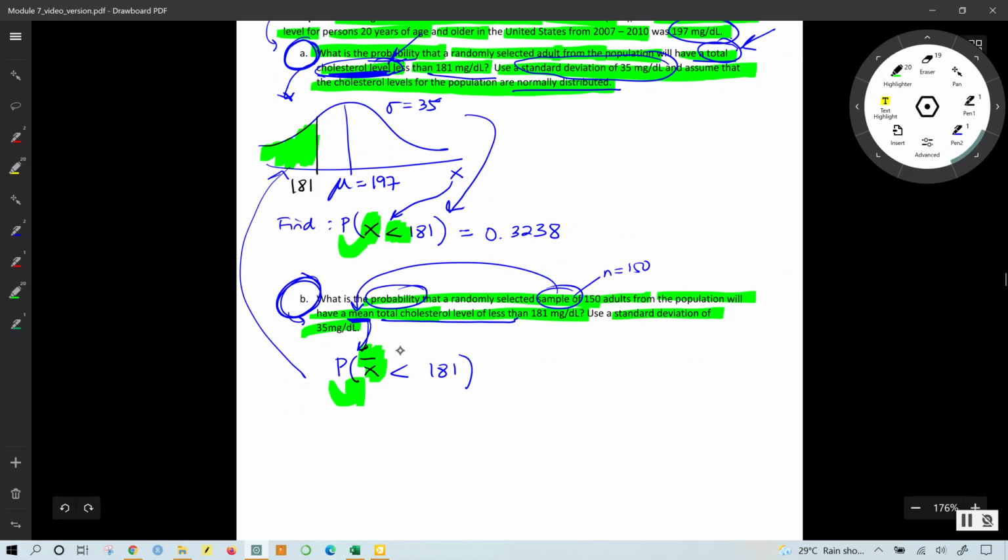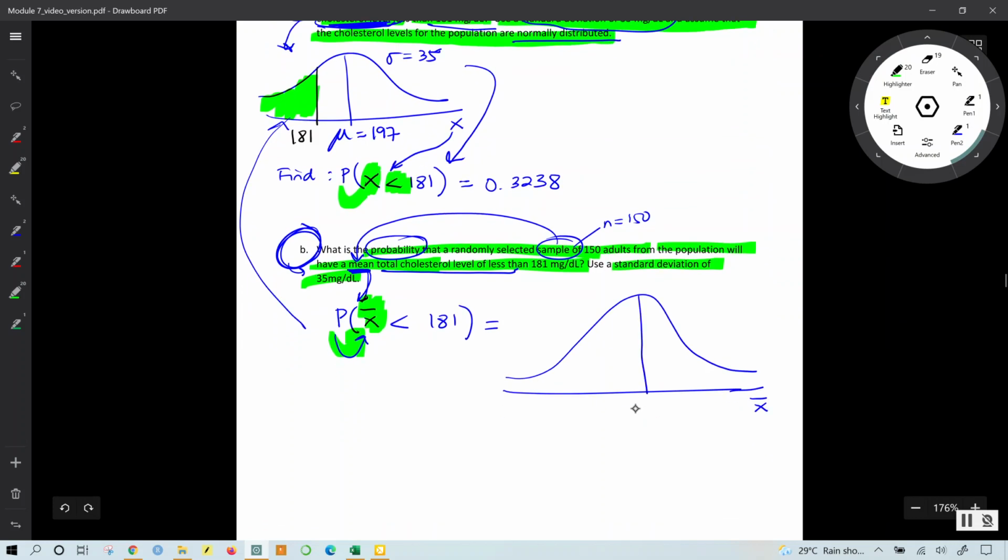Since it is a probability connected with X bar, I will need to generate the sampling distribution of X bar. In this case, also, I will need to get the mean of X bar. It will share the same mean, and as we have done earlier, it will not share exactly the same standard deviation. Rather, it will be the standard deviation divided by the square root of n.